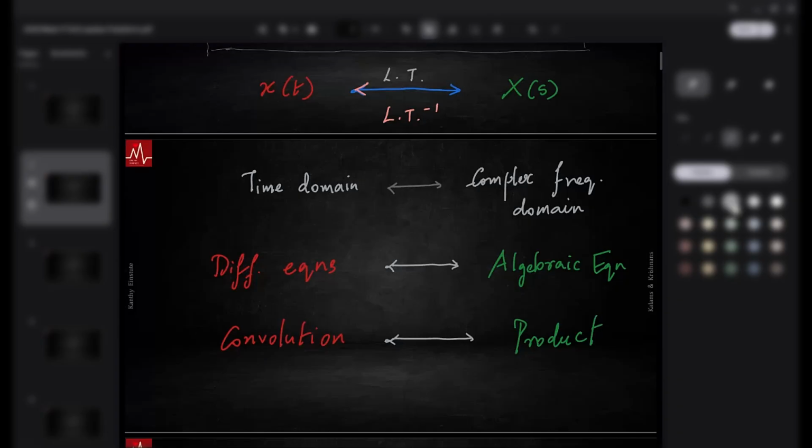For example, if you have your y of t, this is a convolution of, let's say, x of t and h of t, right? Here, this thing becomes easier now. Your y of s is just a product of these two. If you know this transform, you can easily deal with it. There are multiple subsystems, things cascade, all of that gets very easy to handle. This list goes on and on.